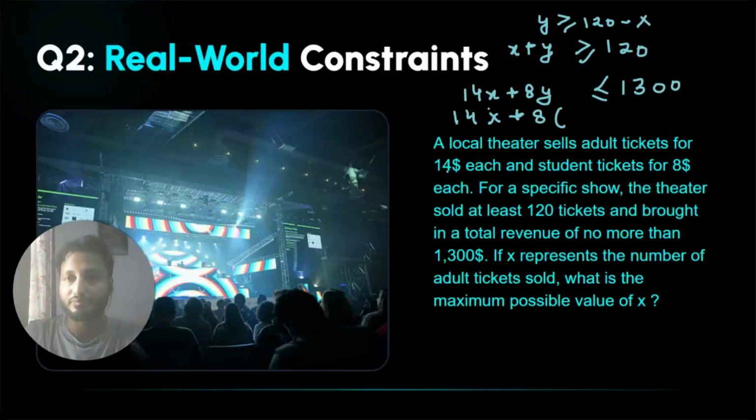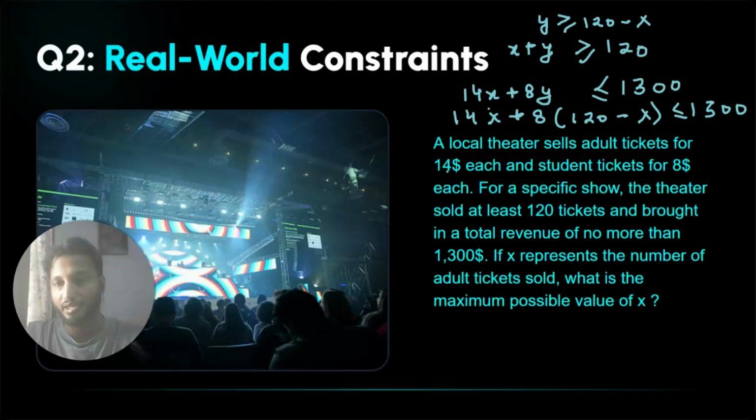For this constraint, I need to use 14x plus 8 into 120 minus x, which will give me 14 minus 8, which is 6x, plus 960, less than or equal to 1300.